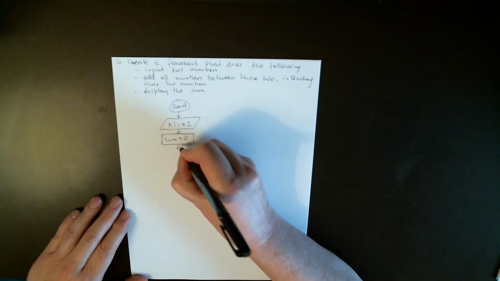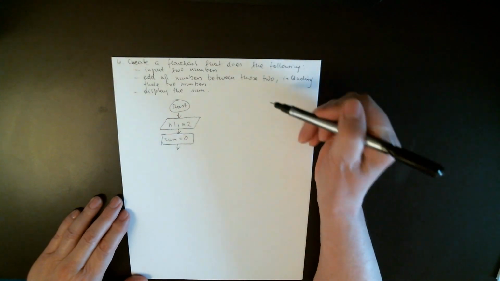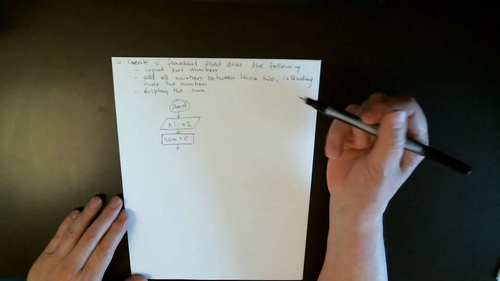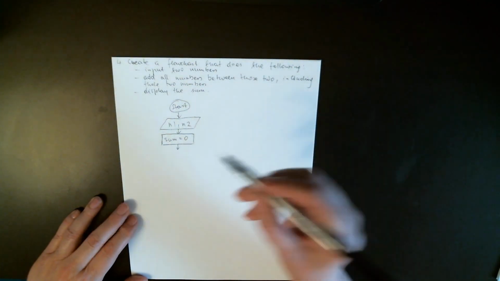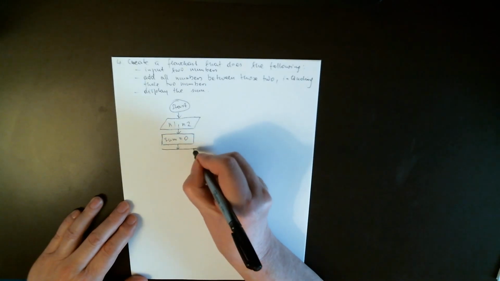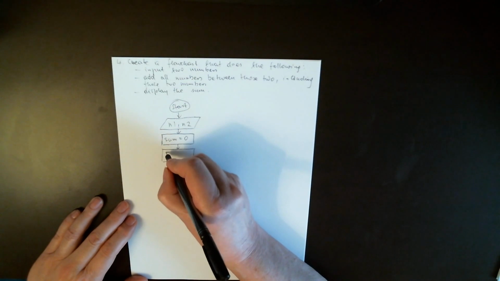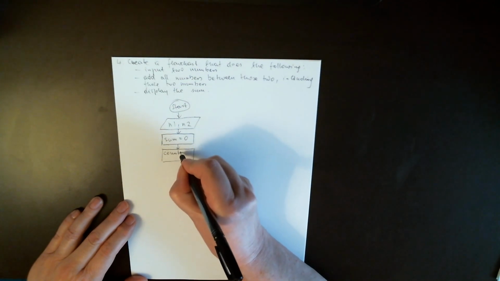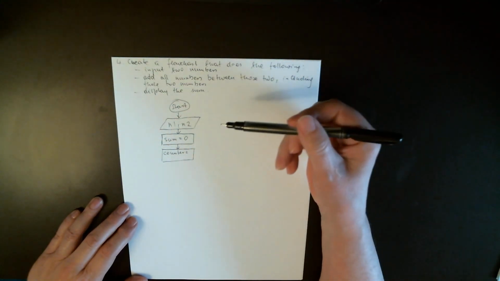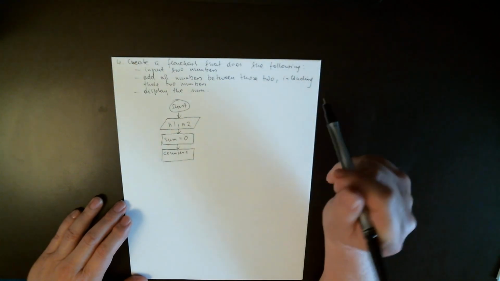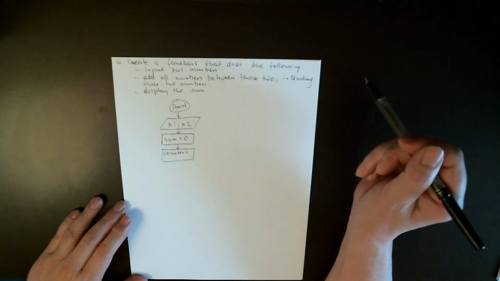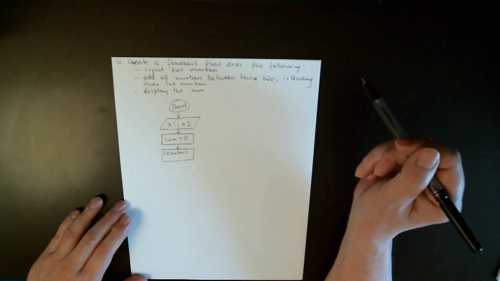The next one, because we know it is a loop, we need to have a counter, and we'll initialize the counter. Remember in our previous example, our counter was 1. We are not going to use it.